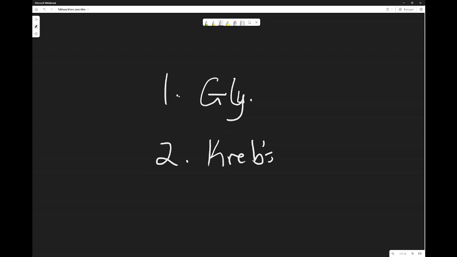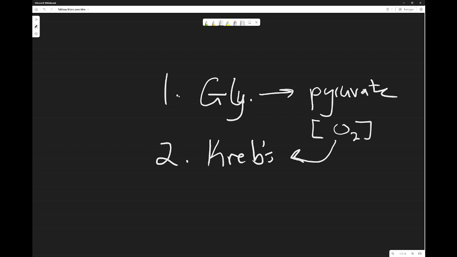Now, we know that after glycolysis, we get pyruvate, right? And in the presence of oxygen, so oxygen really has to be there, kinda, for the Krebs cycle to take place.